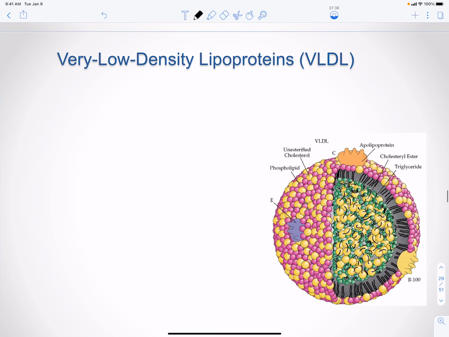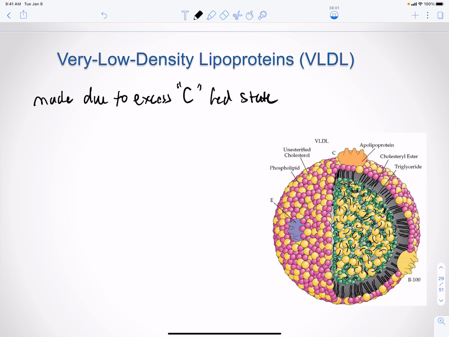All right, very low density lipoproteins are going to be made by the liver when you have an excess of sugars, fats, excess of carbons, and it's usually in the fed state.